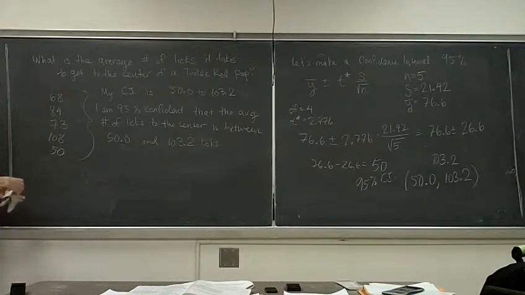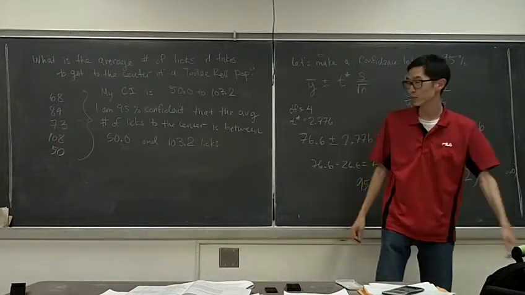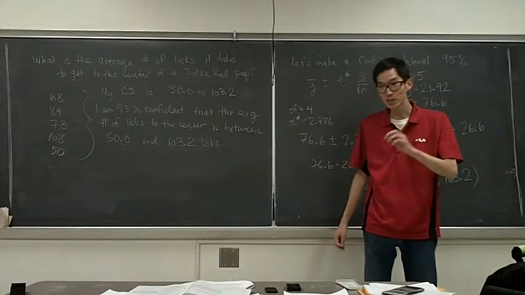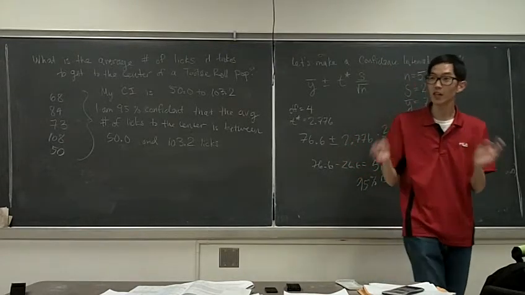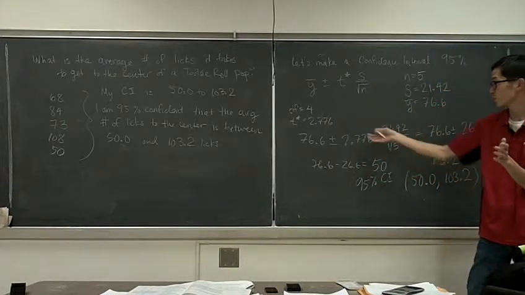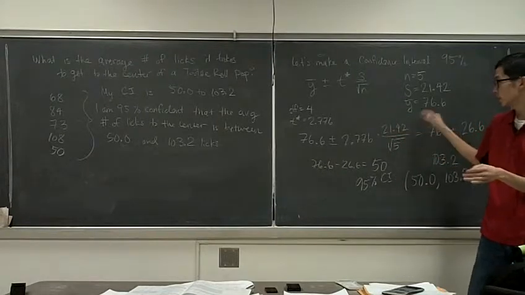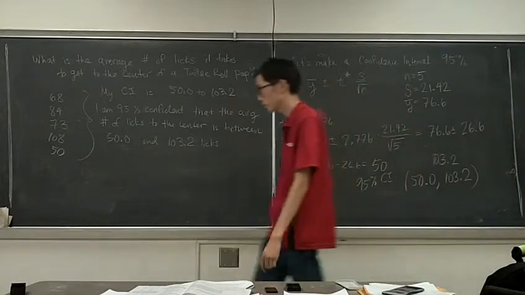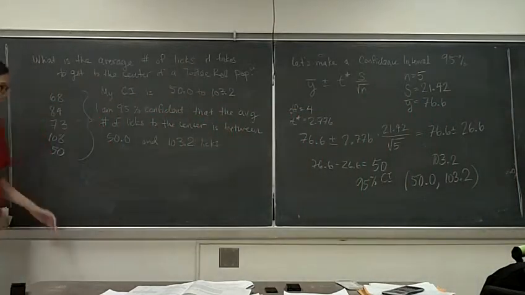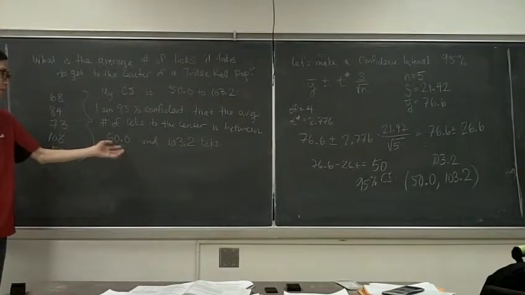If all 5 people took the number of licks to get to the center like 62, 63, 65, 61, then our confidence interval would be a lot smaller because the s, the standard deviation itself, would be very small. Okay, and so what we call the margin of error would be small. But here it's quite large, so we've got quite a wide range of how many licks it might take to get to the center. But it still tells us something, right?